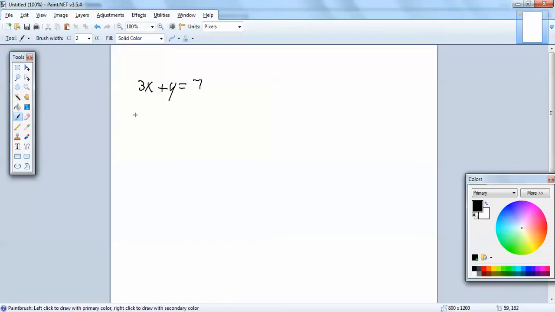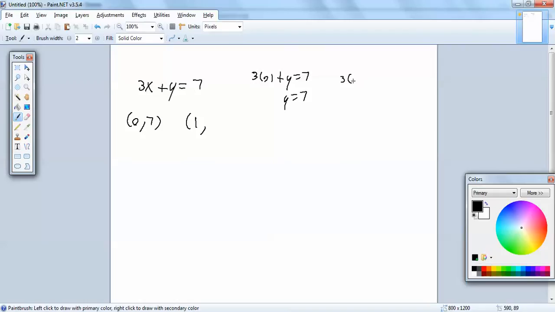If I were to plug in some points, like put 0 in for x, well, 3 times 0 plus y is equal to 7. 3 times 0 drops away, we get y is equal to 7. If I were to put 0 in for y, I don't want to do that. Put 1 in for x. I don't want to deal with decimals, so we try to pick values that give us nice results.